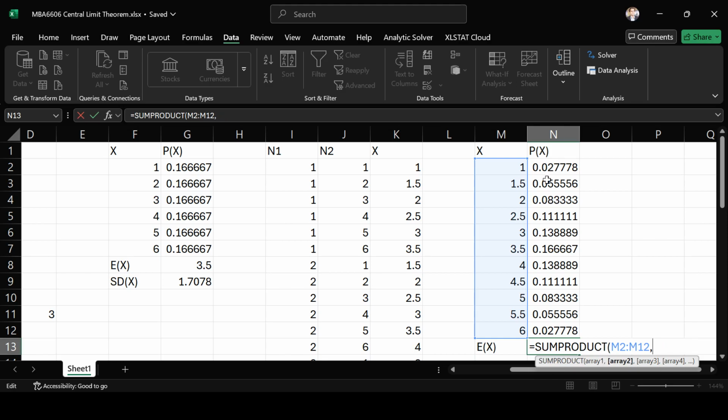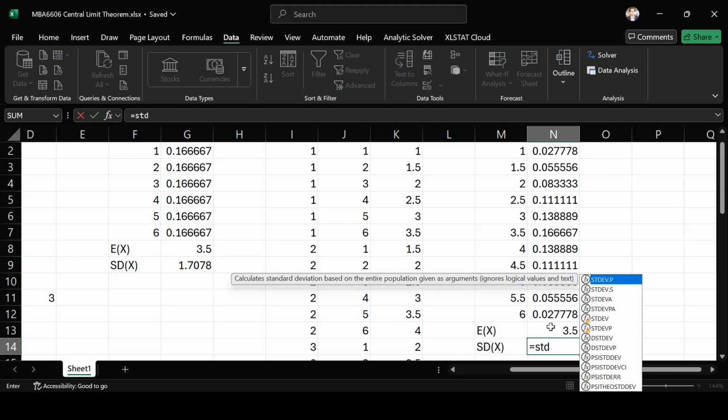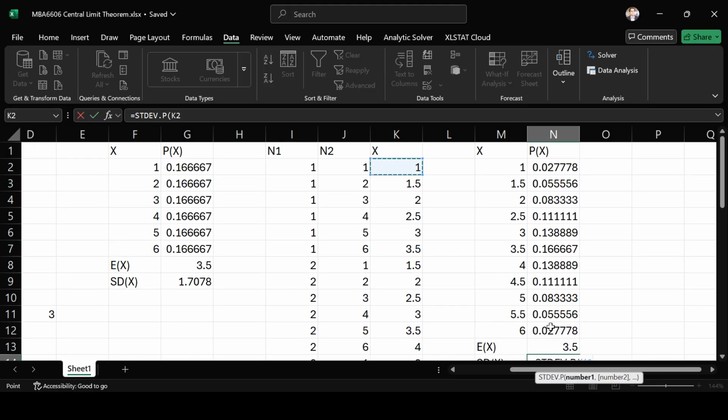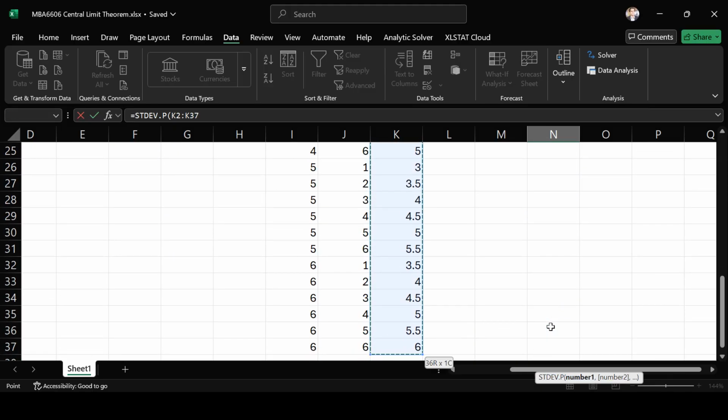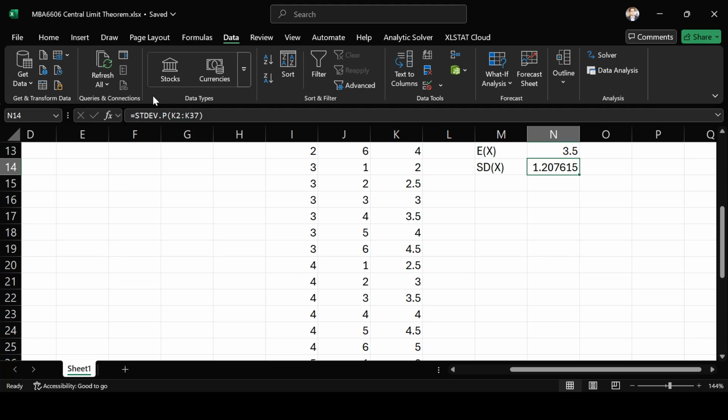Okay, I need to put a comma here. So that turns out to be 3.5, and the standard deviation of x is 1.207615.